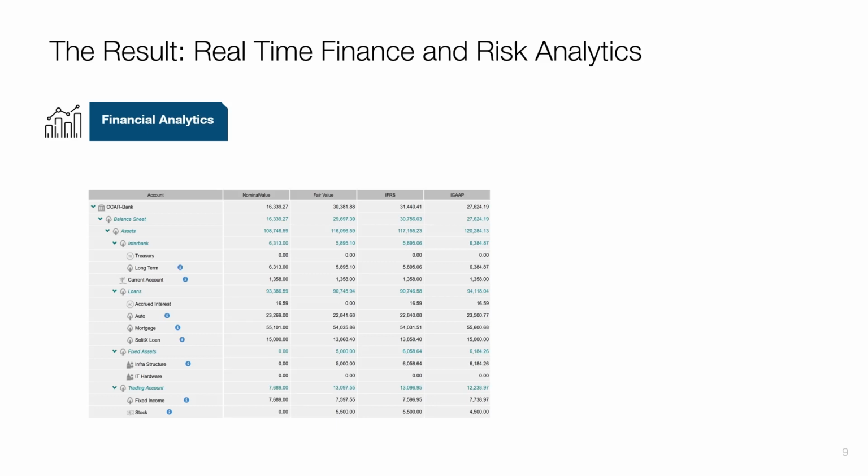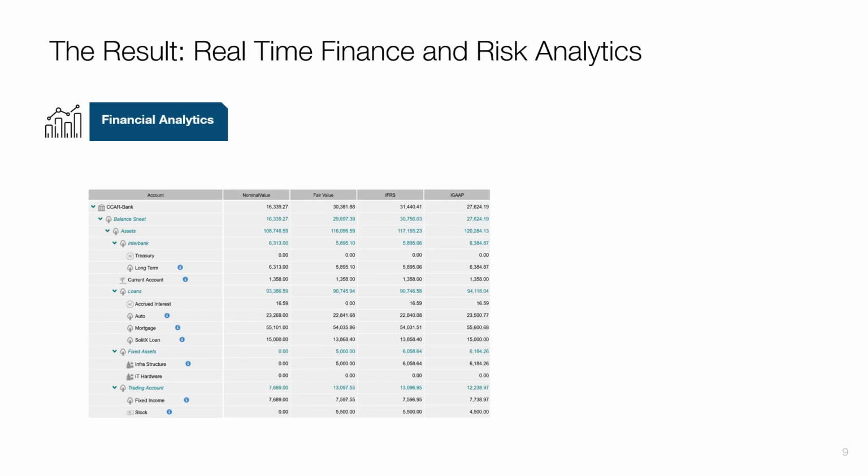What we see here is such an example. It is possible to see the consequence very near time in your balance sheet, actually in your balance sheets if you have multiple accounting concepts, as we see them here on the slide.